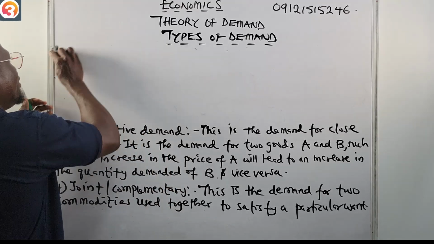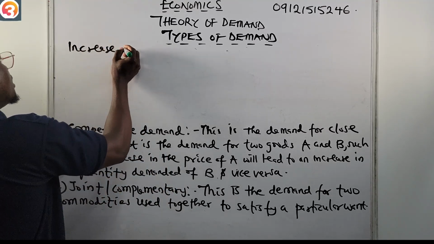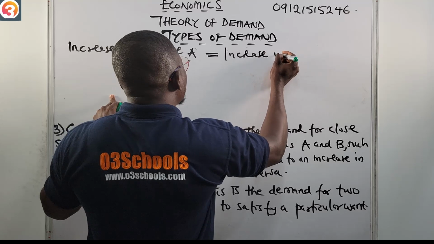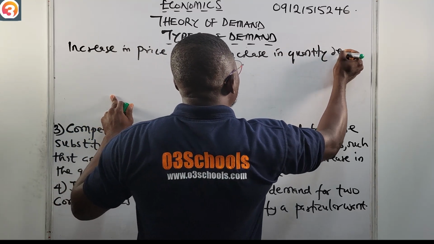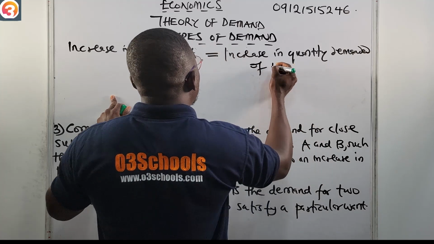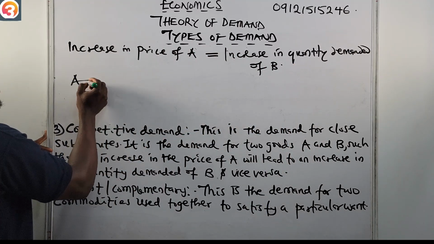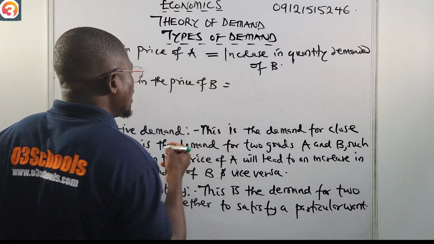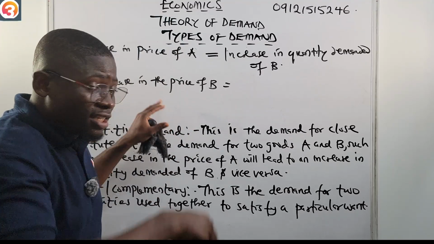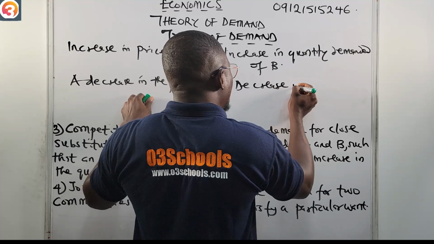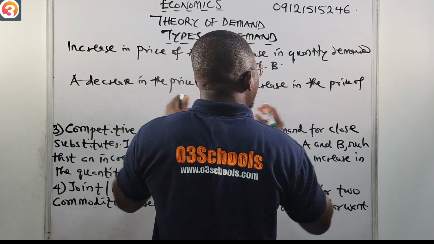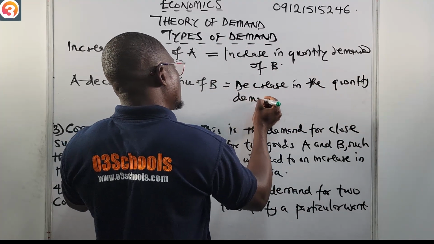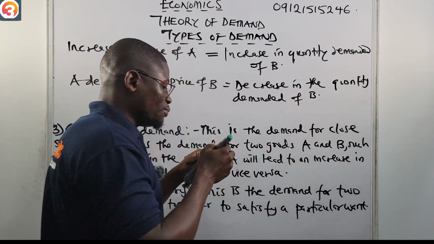We say an increase in the price of A will lead to an increase in the quantity demanded of B. And also a decrease in the price of B will lead to a decrease in the quantity demanded of B. It's as simple as ABC, vice versa.